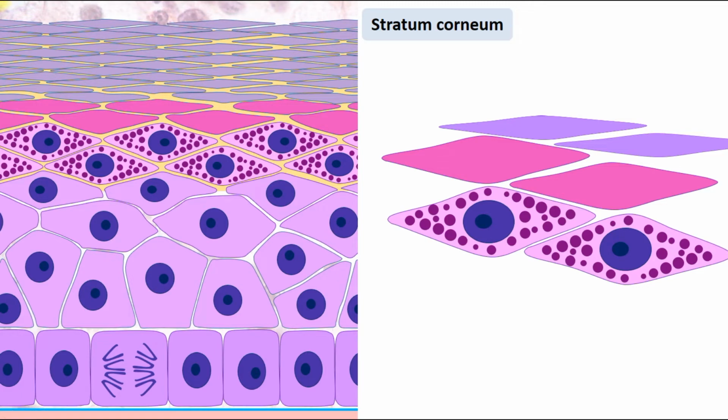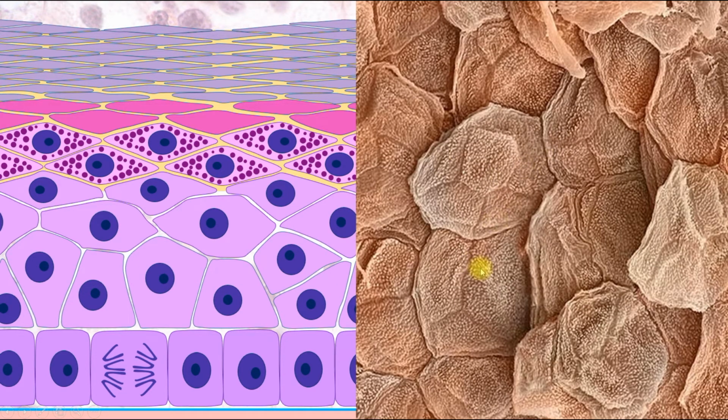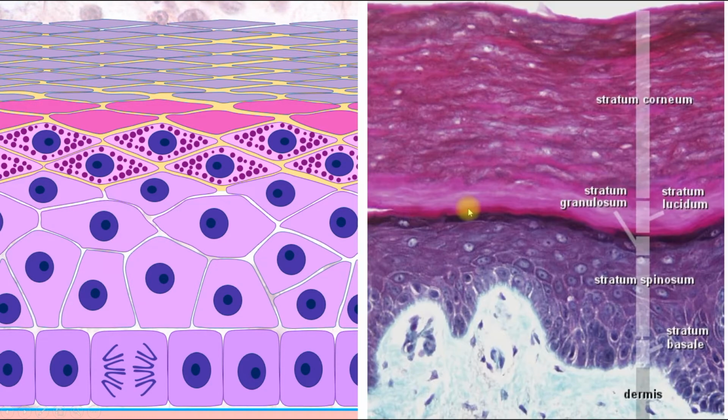There is a different number of layers of keratin plates depending on the localization of skin. Then some cells of stratum corneum undergo desquamation and are removed from the surface of the epidermis. It's called desquamation. And here we can see keratin plates. It's stratum corneum of epidermis.